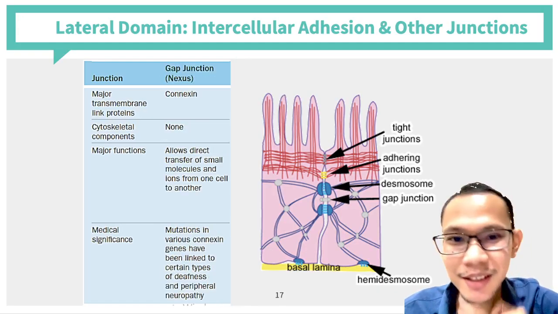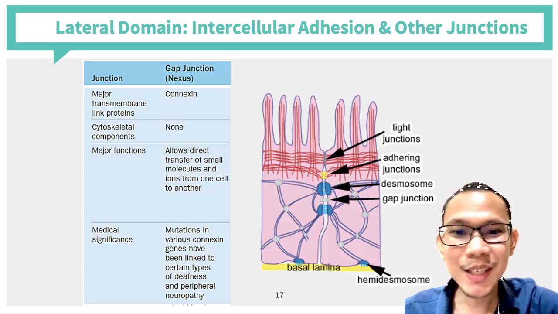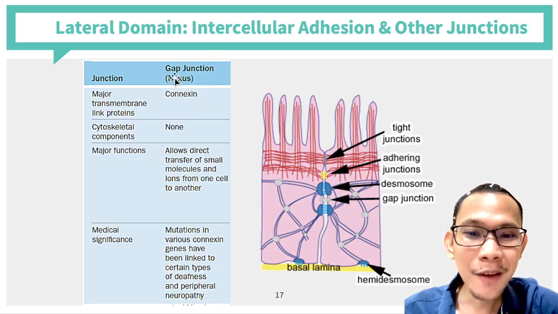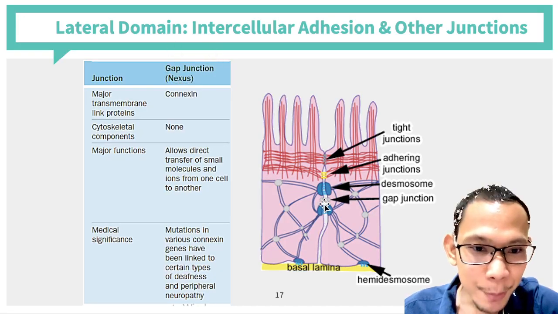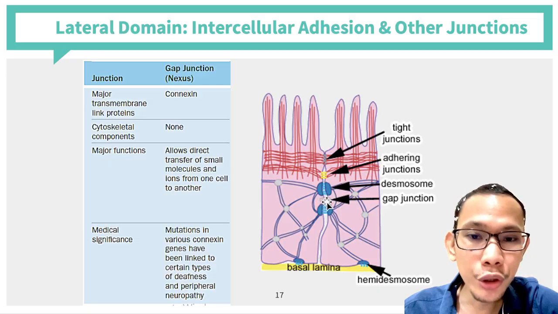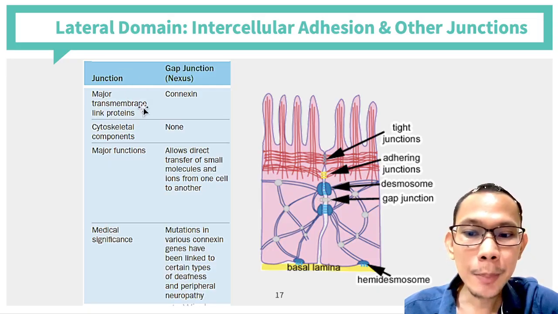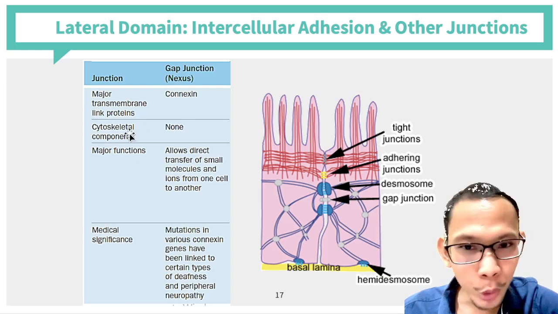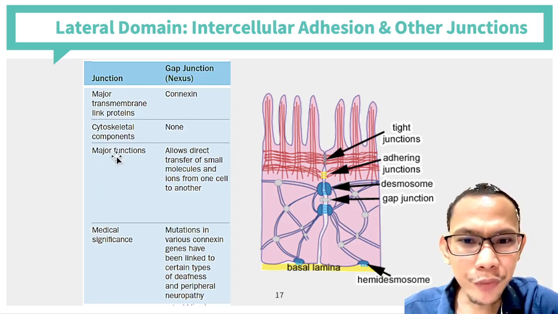And the junction that we'll be discussing is your gap junction. You have your nexus, gap junction or your nexus. What will be our major transmembrane link protein? That's going to be your connexin. Cytoskeletal component, none. What will be the major function?